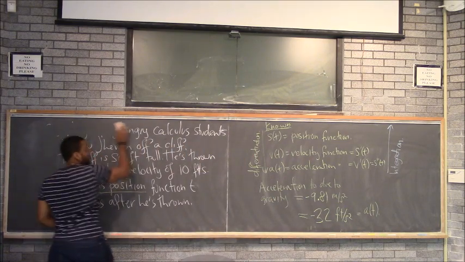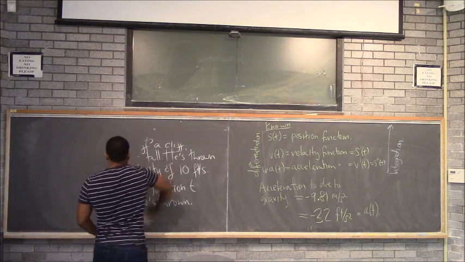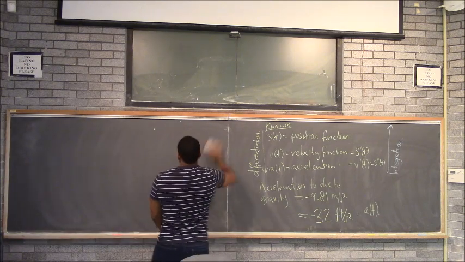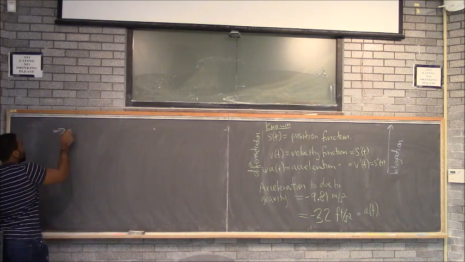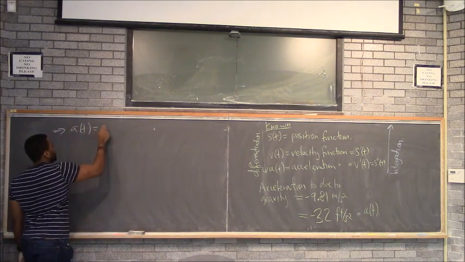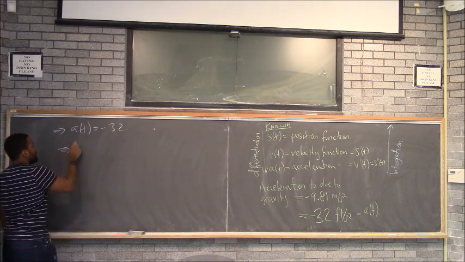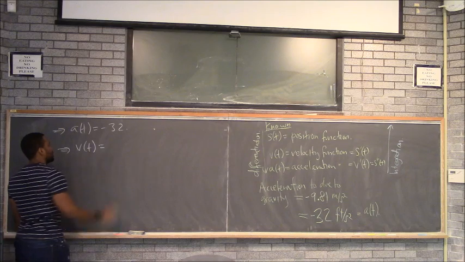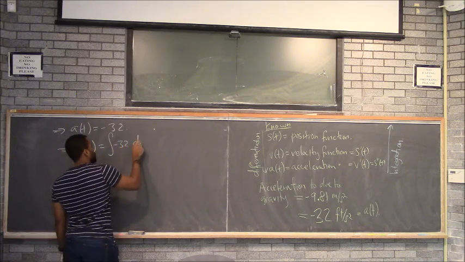So let's actually use that to solve the problem. How are we going to find this position function? This means a(t) is minus 32. From this I can figure out the velocity. Well, the velocity is going to be the antiderivative of minus 32 dt.